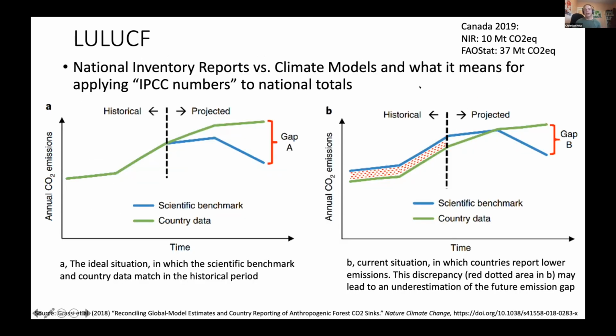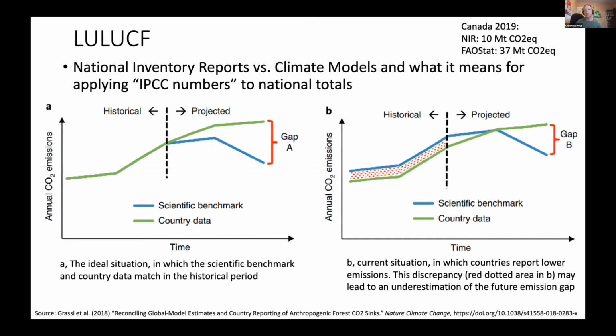This is actually a key point, and that is about LULUCF accounting. Again, it sounds a little bit geeky, but the climate models actually use different methods of accounting for land use sinks, and the emissions inventories that countries make overestimate sinks for various reasons.